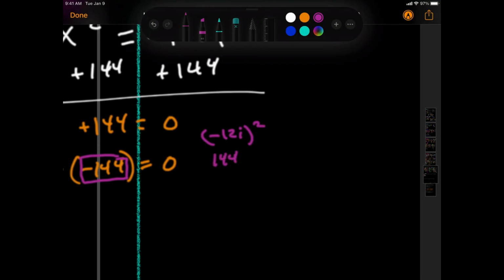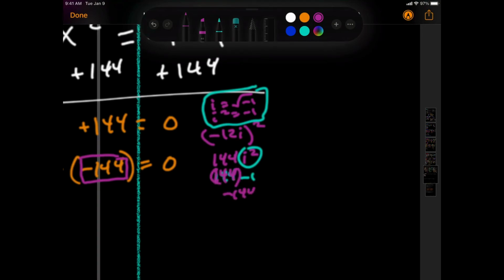And I times I is I squared. And remember, what do the pirates say? I is square root of negative 1, or I squared is equal to negative 1. So if we remember this information, then we can say that's negative 1 times 144, and negative 144.